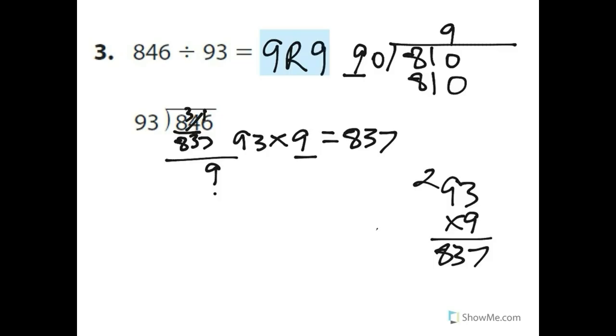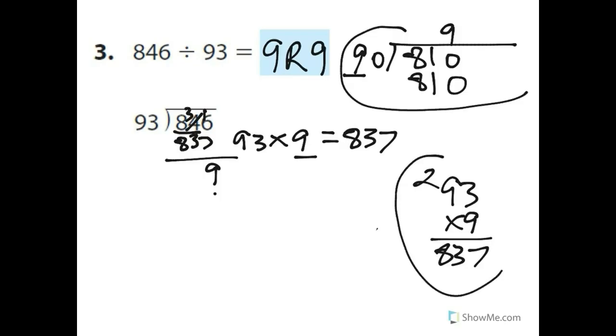Yeah, there's a lot to do. We're going to estimate first to get our first digit. We're going to try our first digit, because sometimes our estimation number is either too high or too low, right? It may be that 9 times 93 was more than 846. In this instance, it wasn't.